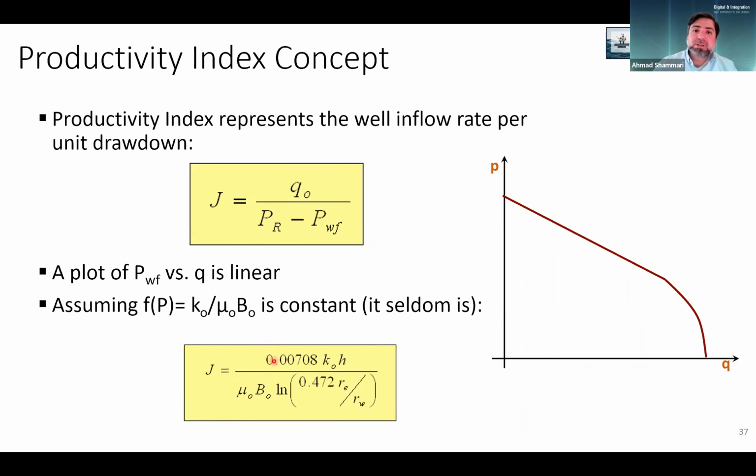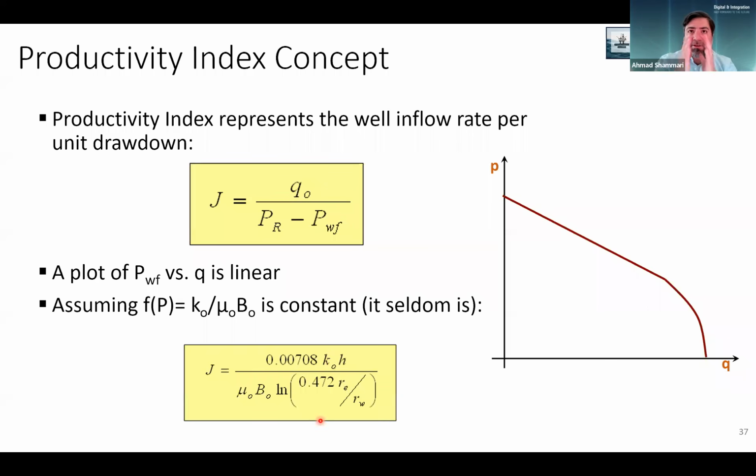Okay. Now someone would use this method and measure the PI and do some calculations. For example, you know your fluid sample properties, so you know these properties, right?